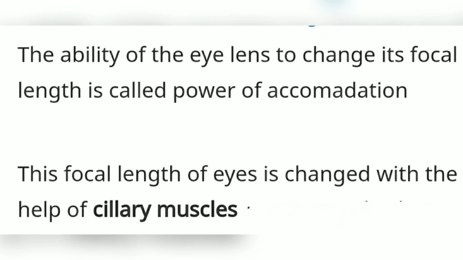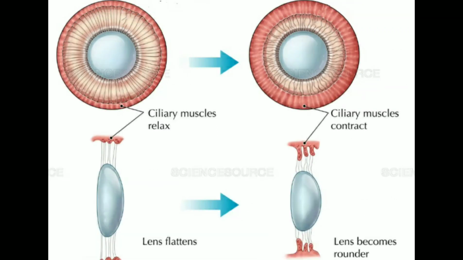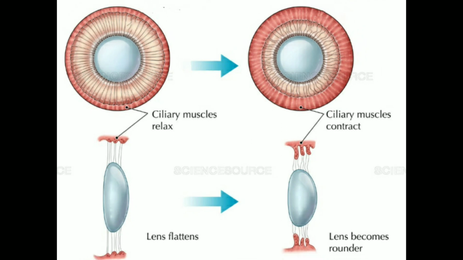Let us try to understand this with the help of a diagrammatic representation here. You can see here on the left, the ciliary muscles are relaxed and the lens flattens or the lens becomes thin. This means the focal length of the lens has increased.